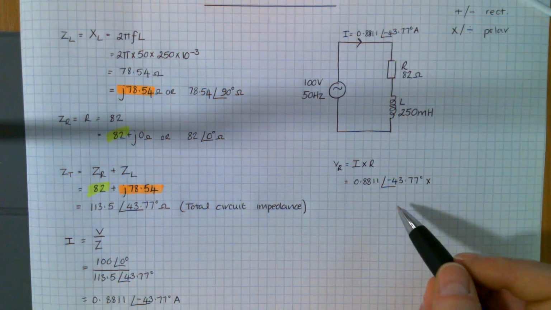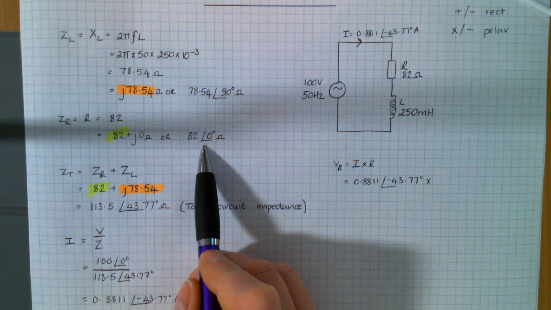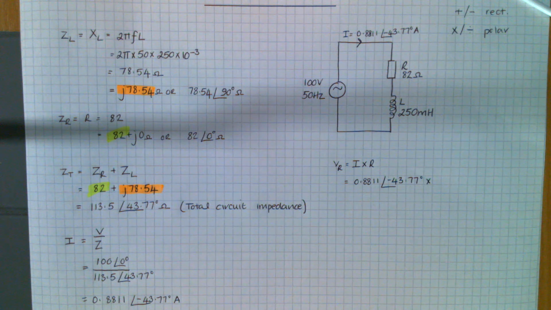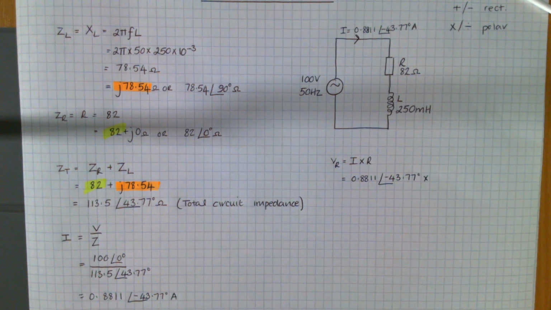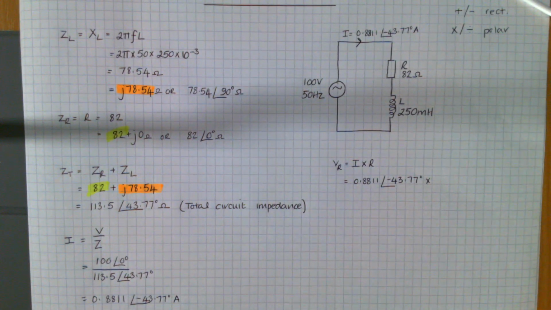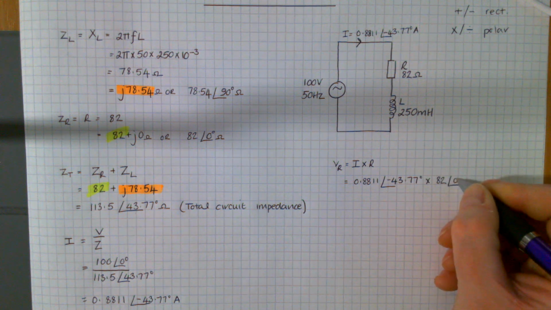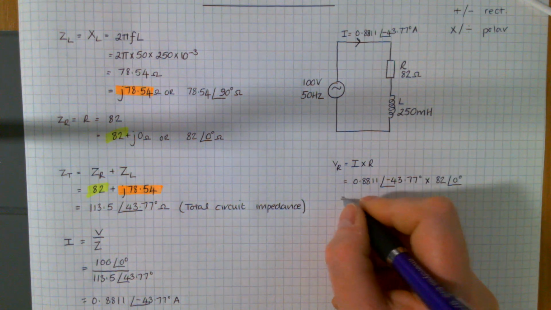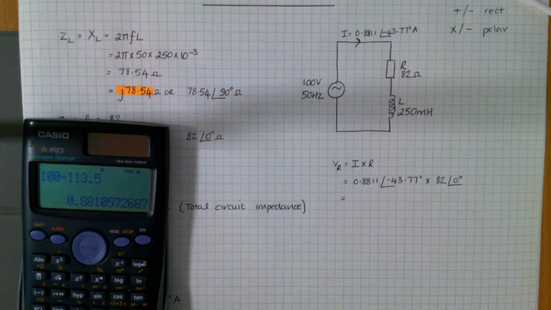And because we're multiplying, we want to be in polar form. So my resistor in polar form is that value there, that 82 at an angle of 0 degrees. Right, so let's have a look at this.